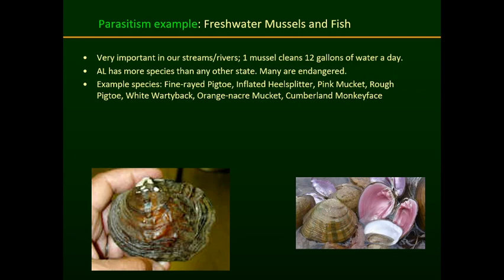Of any sediment that was in the water, and then that becomes part of the bottom of the stream. Okay, so essentially what these mussels are doing is that they're filtering the water. They're cleaning the water. And in fact, an adult mussel can filter about 12 gallons of water a day, which is pretty remarkable given that these things are small enough to fit inside the palm of your hand.